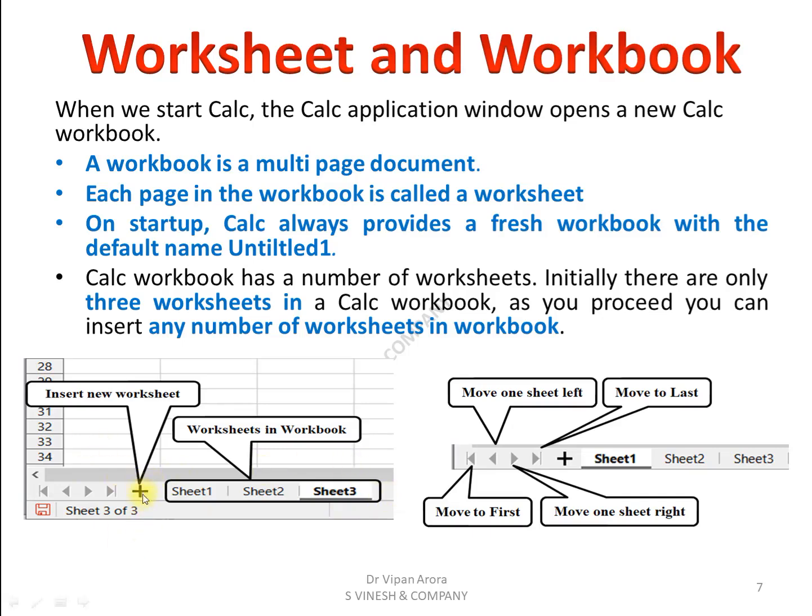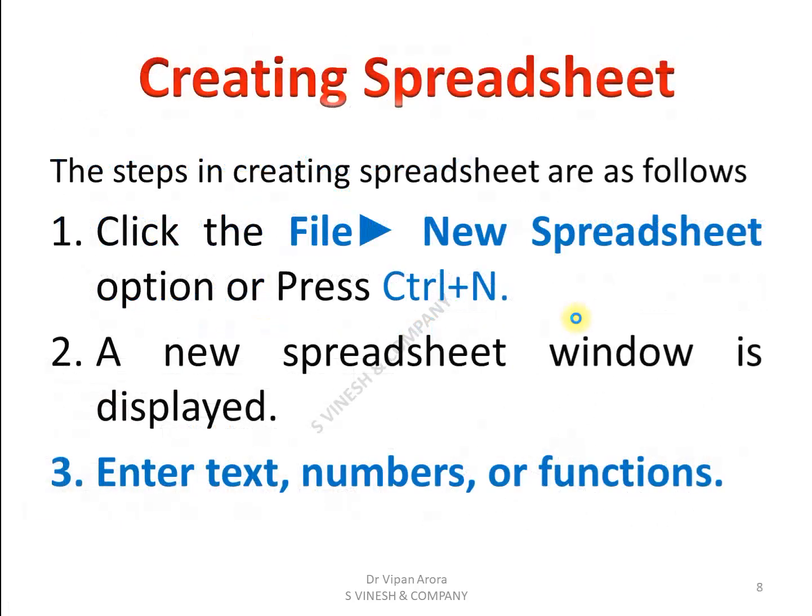By clicking at this plus sign, you can insert a new worksheet. And on the right side of this diagram, we have navigation buttons. This moves to the first sheet. This moves one sheet left, one sheet right, and this moves to the last sheet. So a workbook contains a number of worksheets.